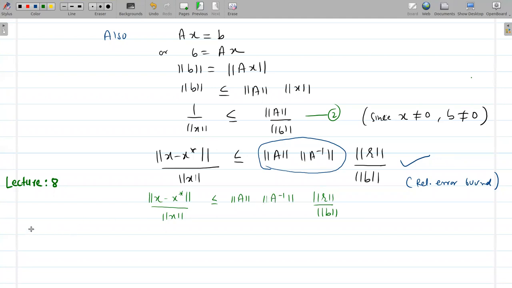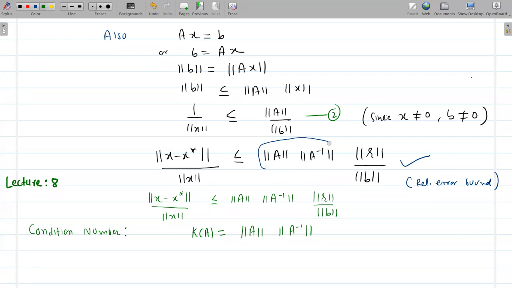And from this relative error bound, we write the definition of condition number for matrices, which is denoted by kappa of A, equal to norm of A multiplied by norm of A inverse.